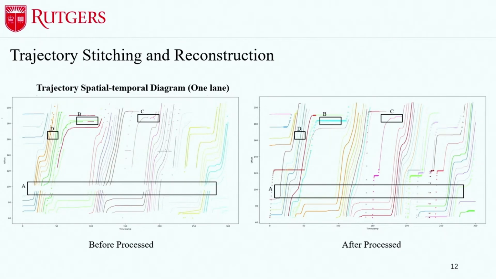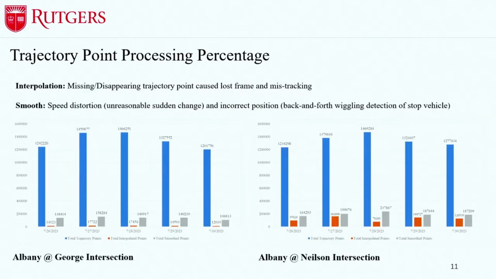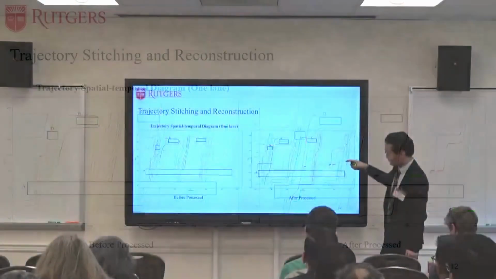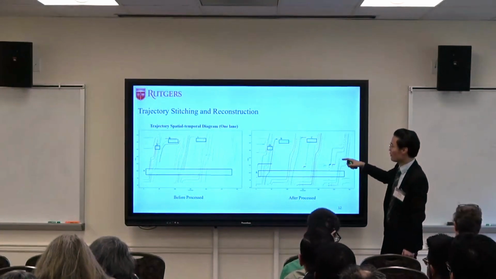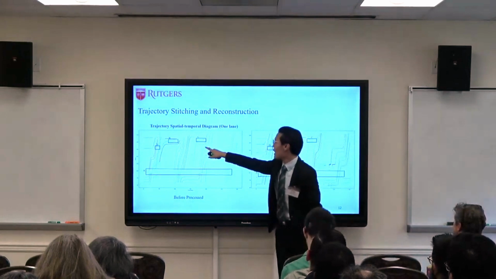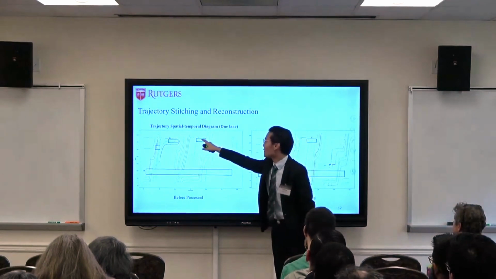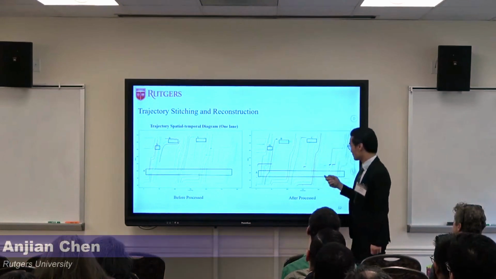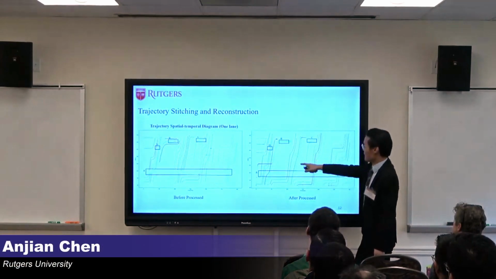After the processing, all the trajectories are stitched back, and we do some smoothing and interpolation for all these trajectories to avoid some speed and position impact areas.